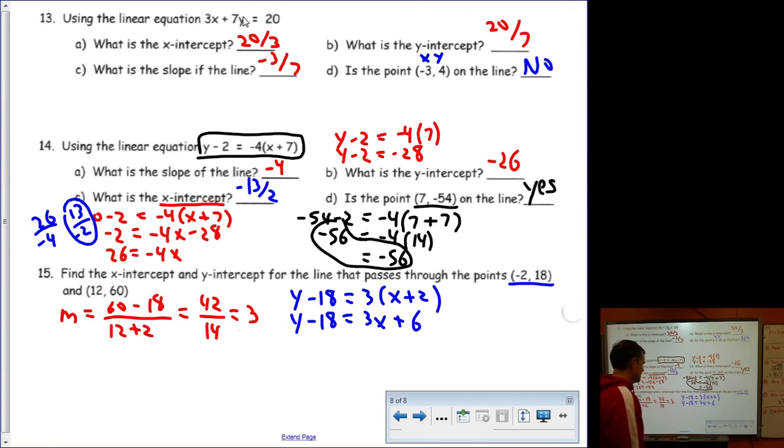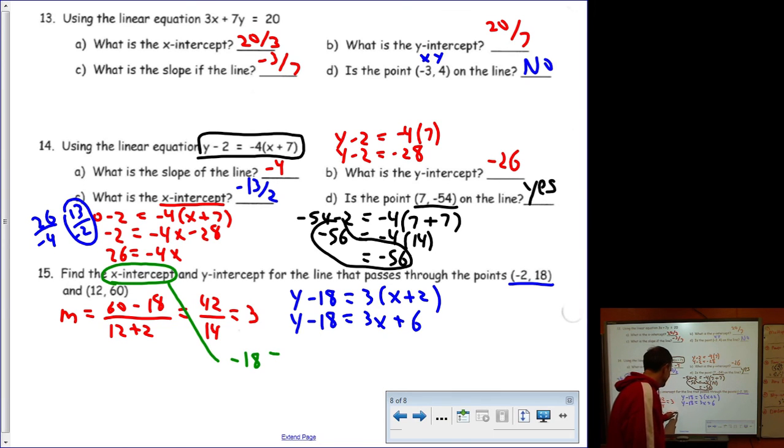Now, to get the x-intercept, I would put 0 in for y. So that would give me negative 18 equals 3x plus 6. Subtract 6 from both sides and get 3x equals negative 24. Divide by 3 and get negative 8.